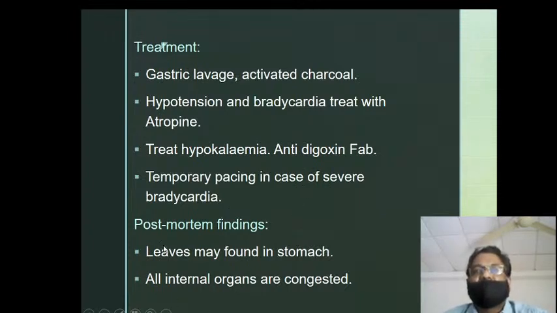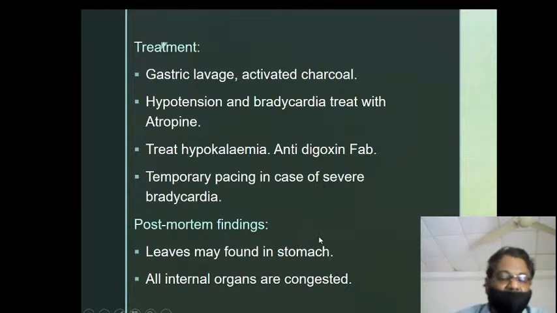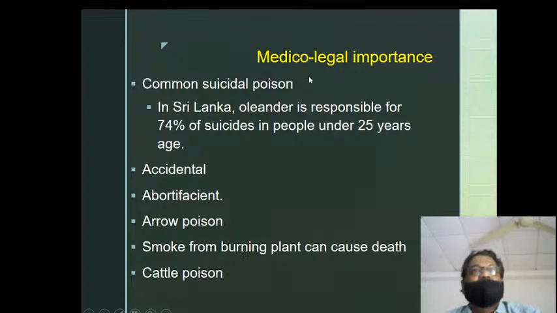Coming to the postmortem findings, all internal organs are congested. Sometimes we can find some leaves in the GIT, in the stomach. That is very, very important. Coming to the medico-legal importance, it is a most commonly used suicidal poison.